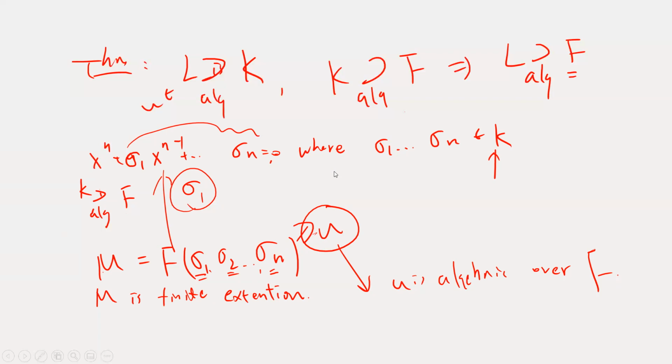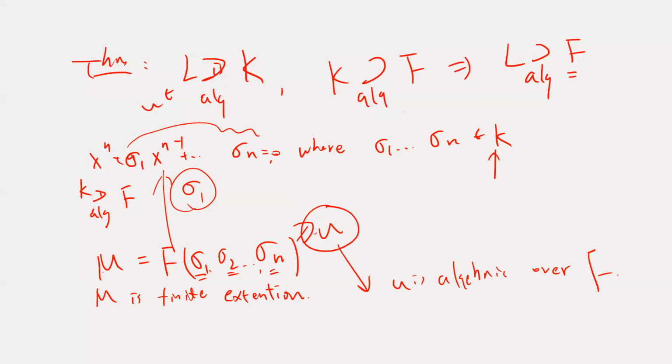If an element is algebraic over some base field, then its adjoin must be a finite extension. So algebraic over algebraic is algebraic. Okay, that's it.